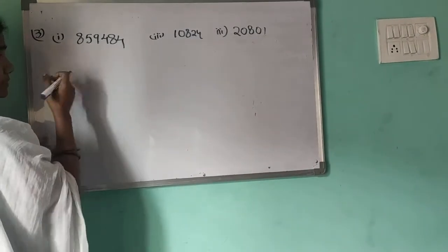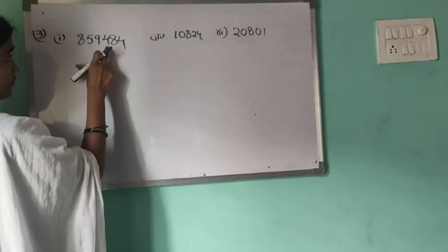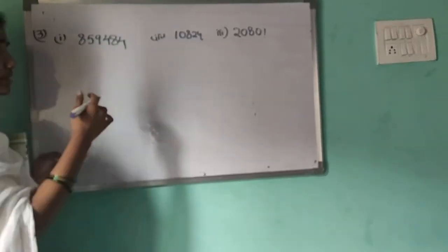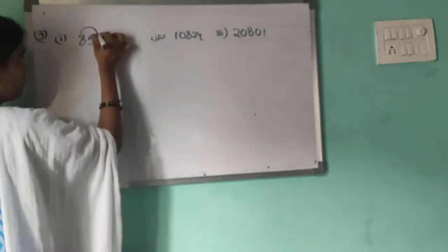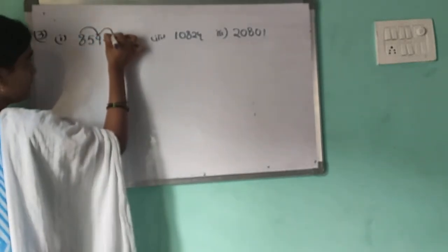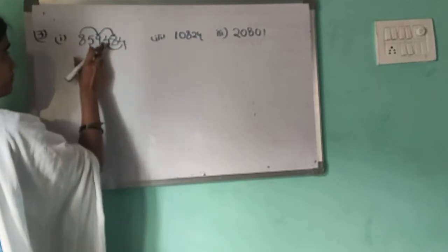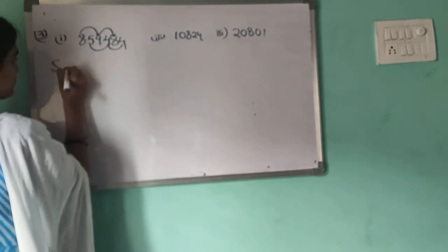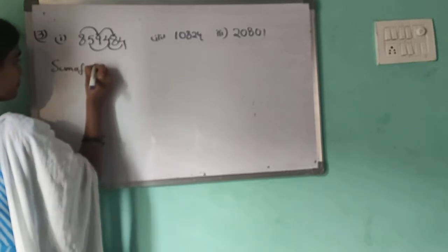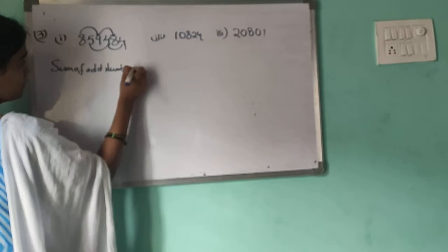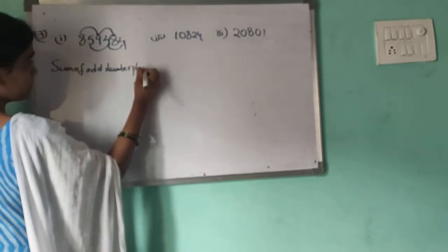Sum of odd places means 1, 2, 3, 4, 5, 6 positions, so we take one digit after another.